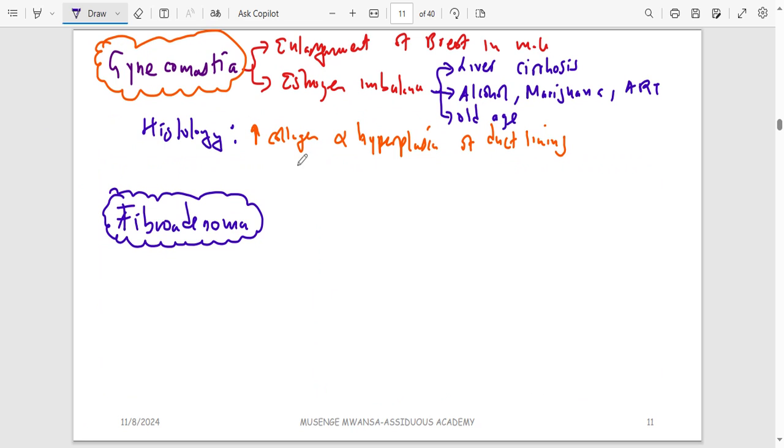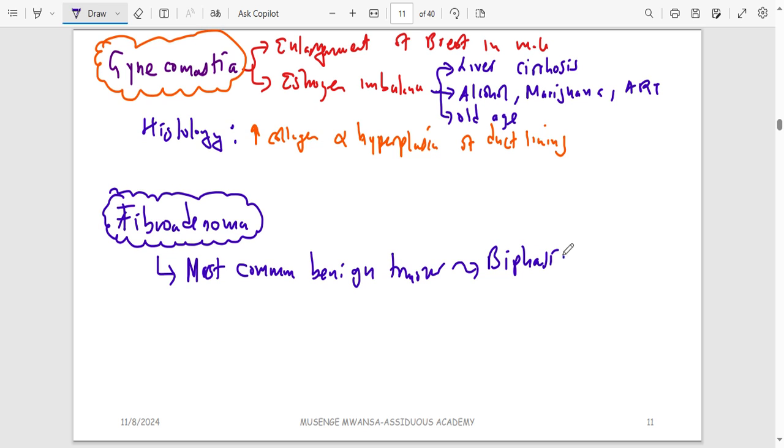One thing that we should know, please, don't forget, it's the most common benign tumor. Please never forget. Most common, it's not malignant, it's benign. Remember, we've just combined fibrosis and adenosis. So it's the most common benign tumor of the breast. And this tumor is actually biphasic. Anyone that knows the meaning of this word biphasic to help us?